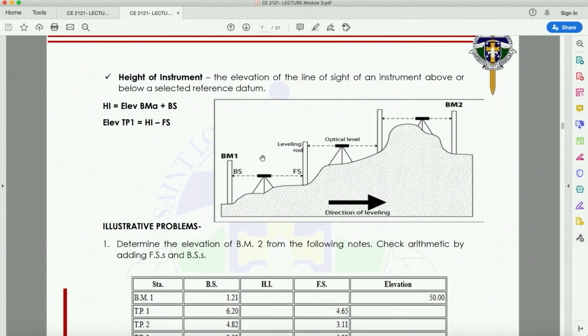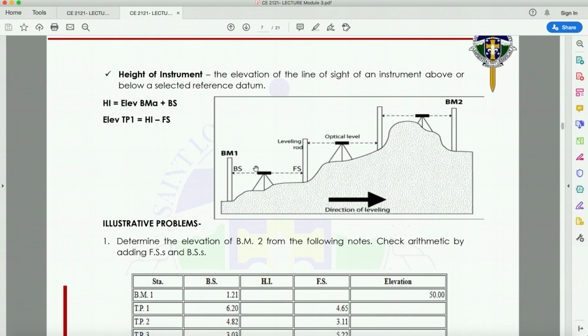Okay, so this is how it looks like. You have here my benchmark 1, it is the start, and my benchmark 2 is the last point. Benchmark 1 is the first position or point. Benchmark 2 is the last point. So this is my TP1. This is my TP2. The direction of leveling.